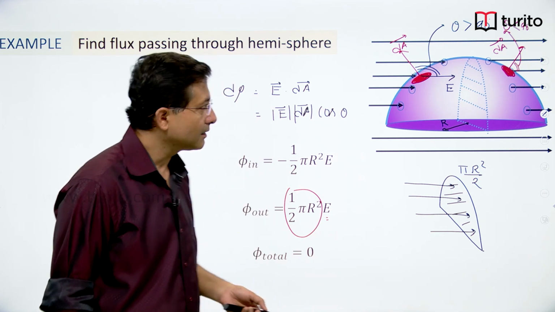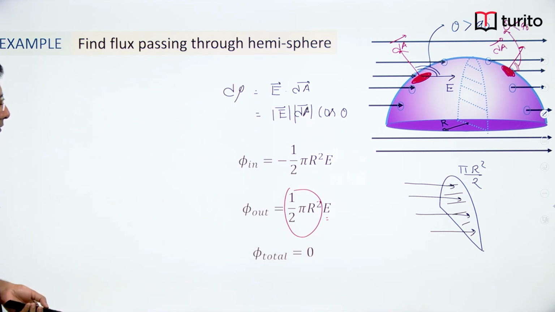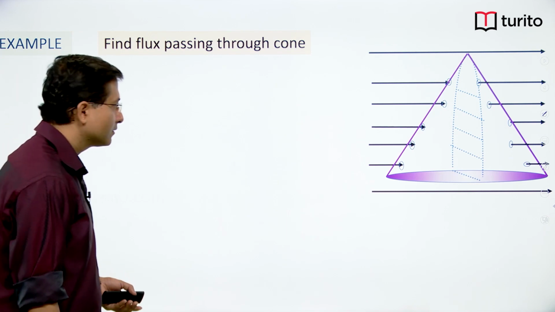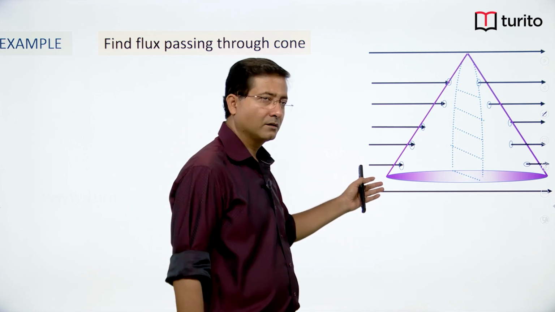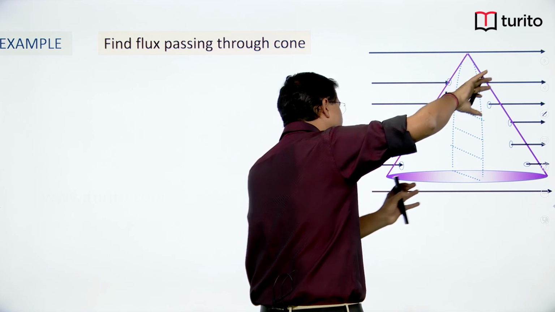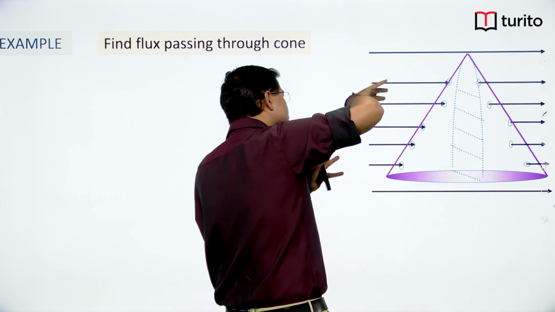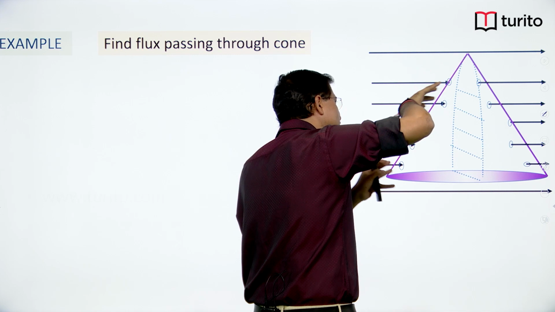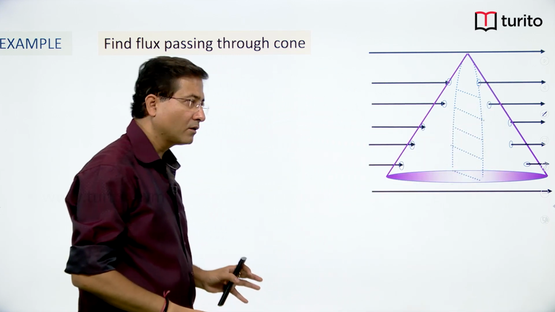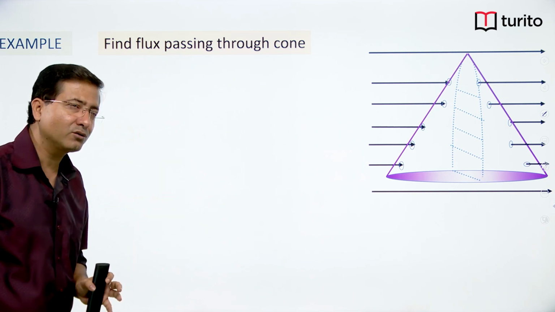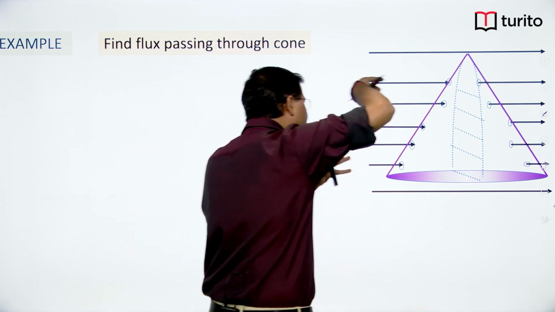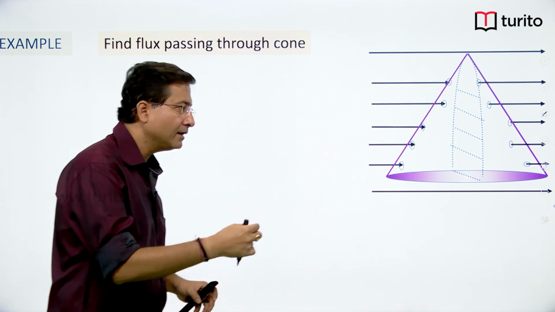Now let us see one more example. Now instead of a hemisphere I have a cone. So this way lines are getting into it, and from this side it will be coming out. So on this side flux will be negative and on this side flux will be positive. Whatever negative flux we are going to get, the same amount of positive flux we are going to get. So what is getting in? Flux in.